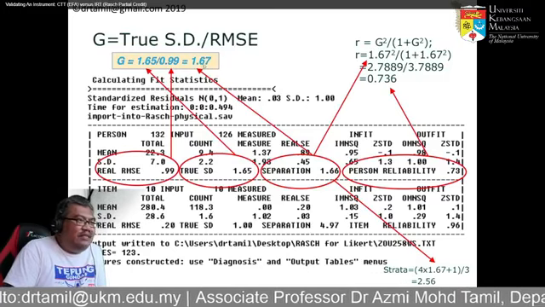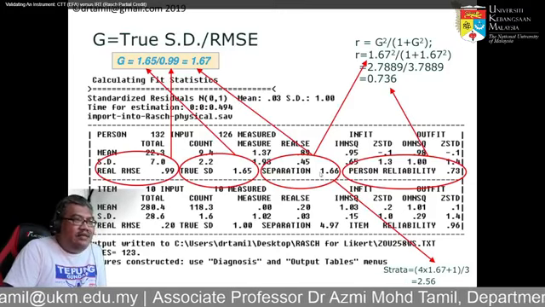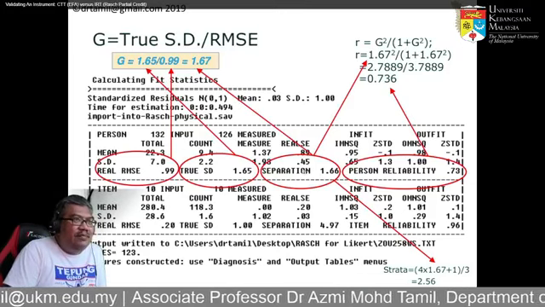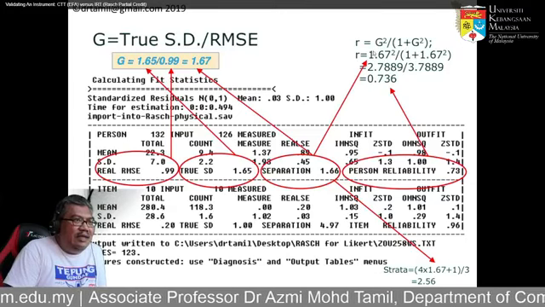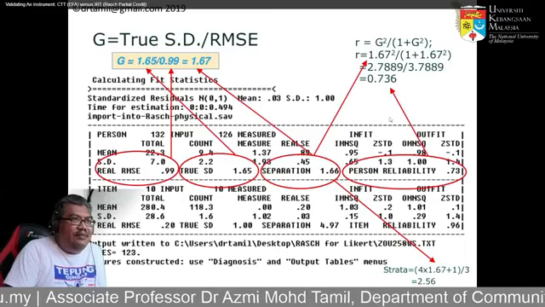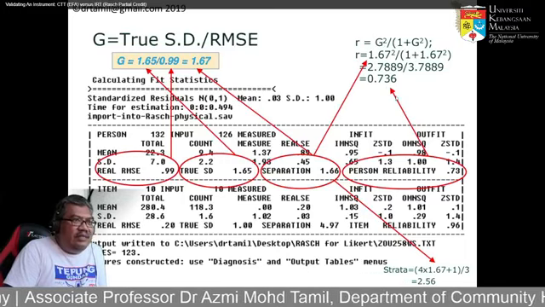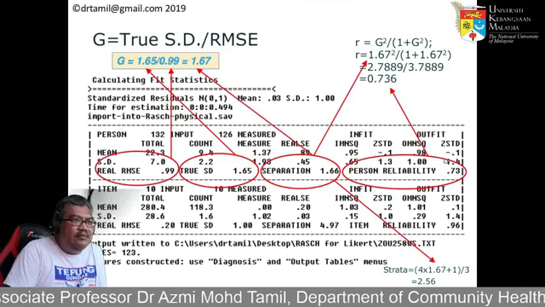So 1.67 is the separation, the G. The separation can be used to generate the R, the reliability. Here the reliability is 0.736.